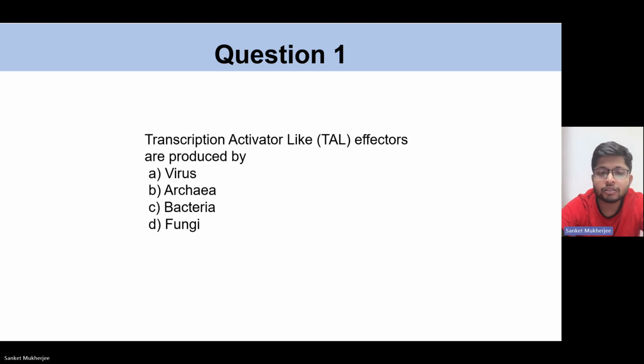So the answer to this would be bacteria, especially Xanthomonas species, which cause transcription activator-like effectors to be produced. And that's how it was discovered.